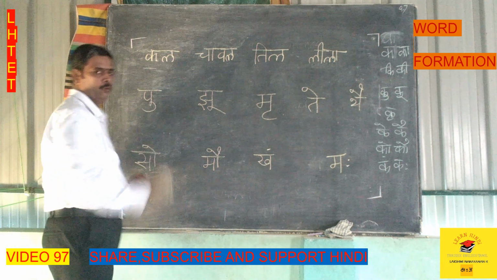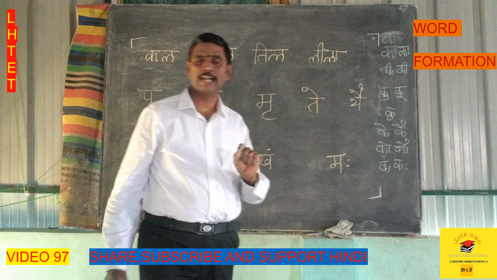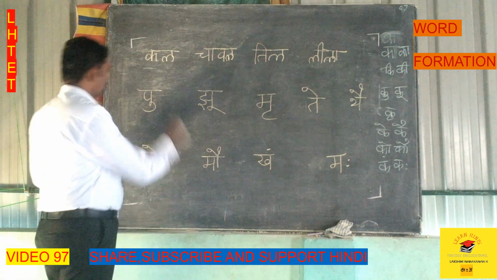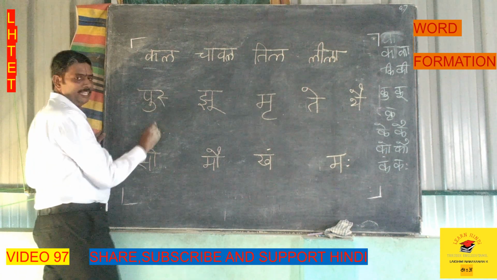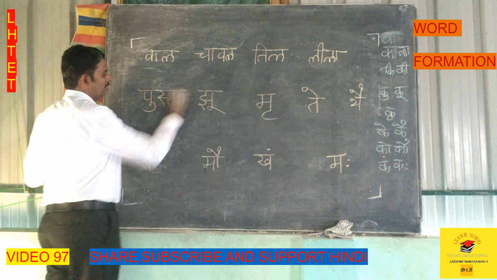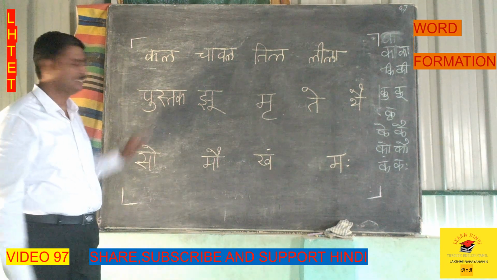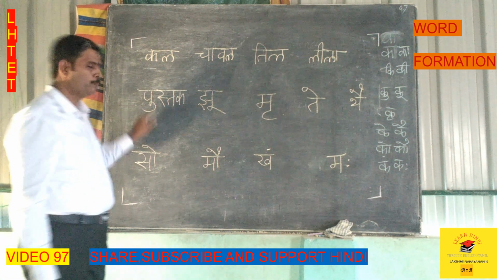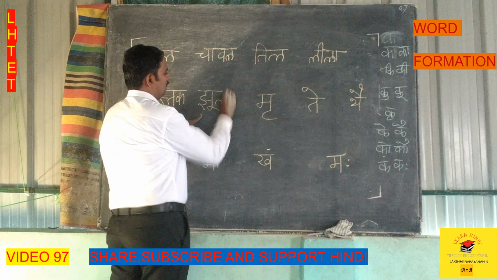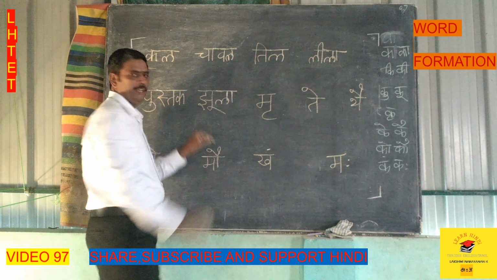Next is pu. This pu you can add la and it becomes pul, bridge, or you can make it pustak. I write here pustak. This is pustak. Okay, next is the u sound: jhula, swing. Jhula is swing.